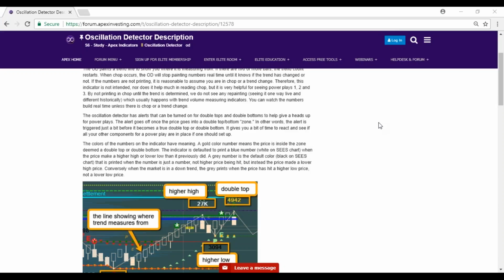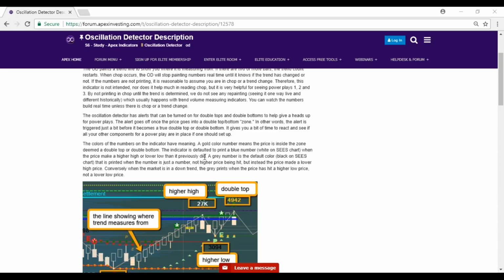Okay. So the colors of the numbers on the indicator have meaning. A gold color number means the price is inside the zone deemed double top or double bottom. The indicator is defaulted to print a blue number when the price makes a higher high or lower low than it previously did.